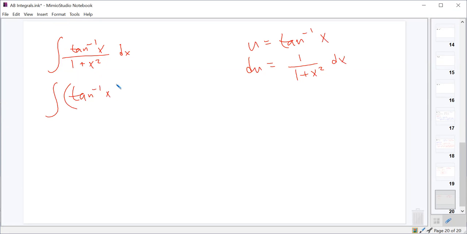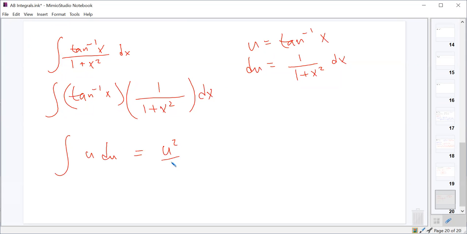I've got inverse tangent x times 1 over 1 plus x squared dx. And so I can just substitute out the inverse tangent x as u, and the 1 over 1 plus x squared dx is du, and get u squared over 2 plus a constant, giving me inverse tangent of x squared over 2 plus c.